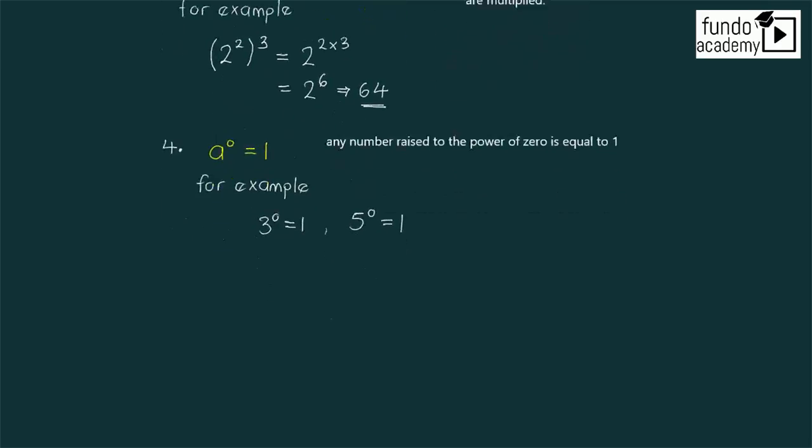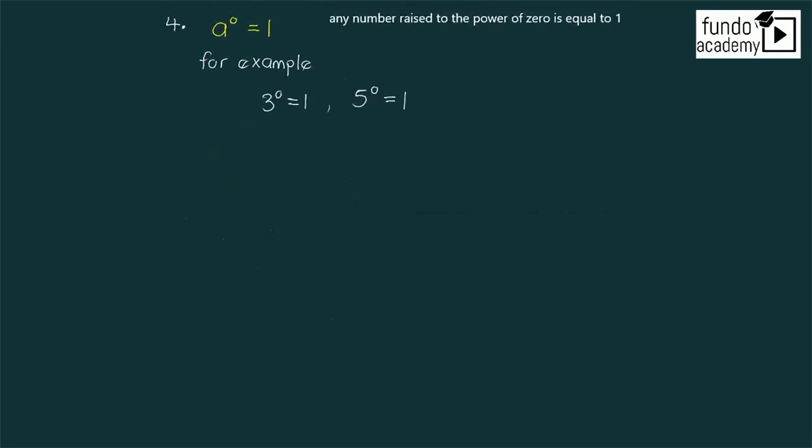Okay, let's move on to the fifth law. The fifth law has to do with negative powers. Alright, so if we have a base raised to a negative power, for example, in this case we've got a raised to the power of negative m being equal to 1 over a to the power of positive m.